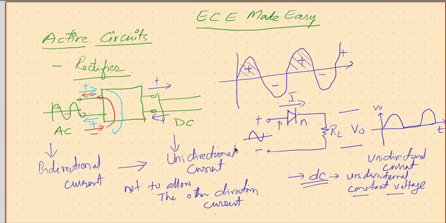But yes, our electronic circuits do require a constant voltage as power supply, and we need some more extra work to convert this unidirectional current into a constant current, and that is what we call a filter. You do understand what filter we require here. We don't want variations, we want only a constant value.